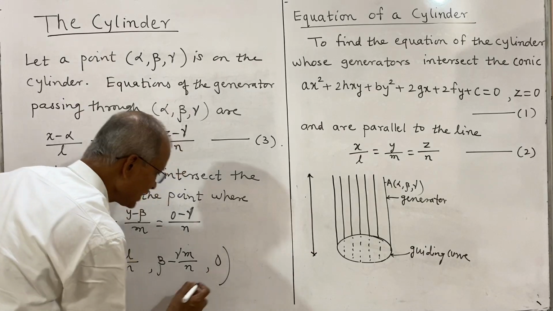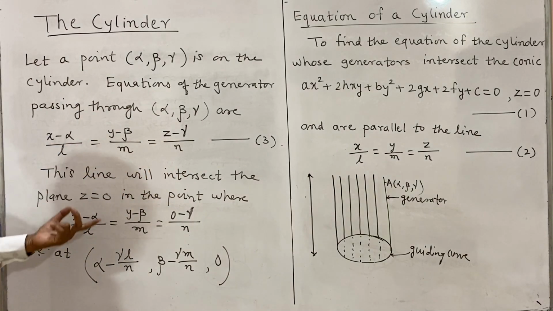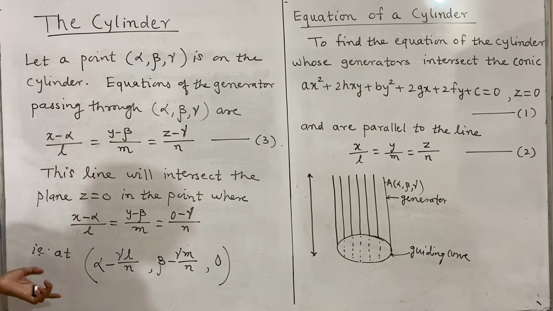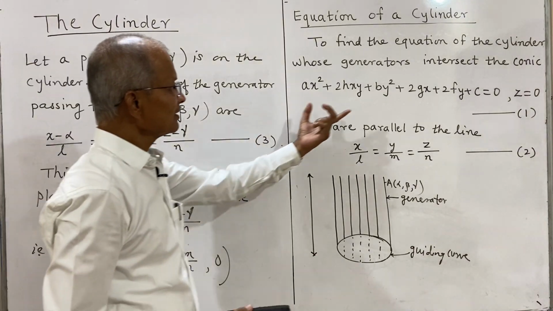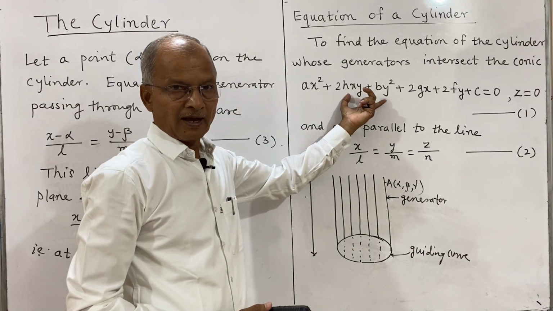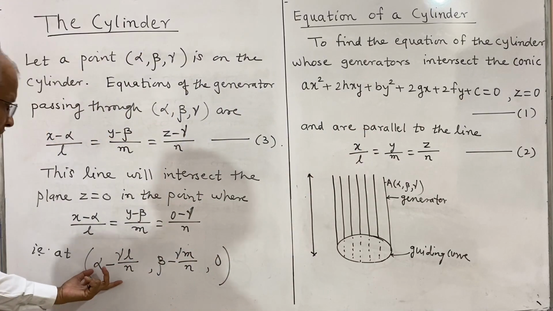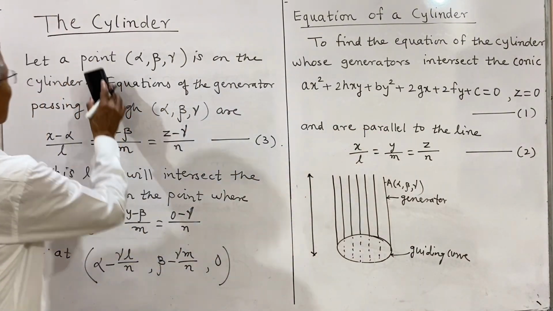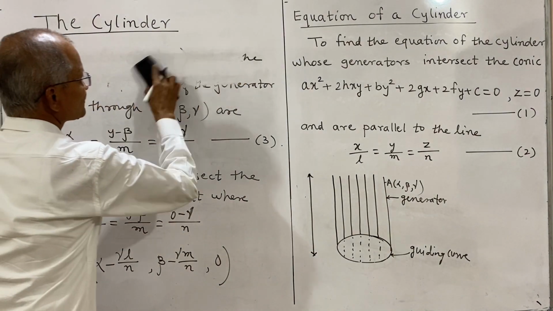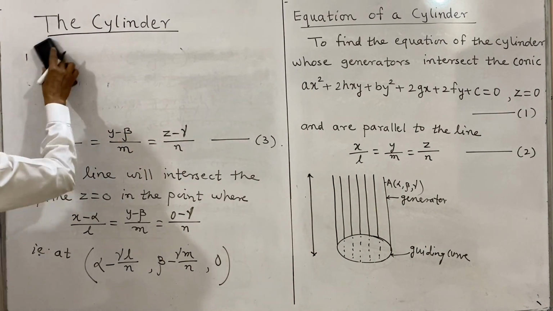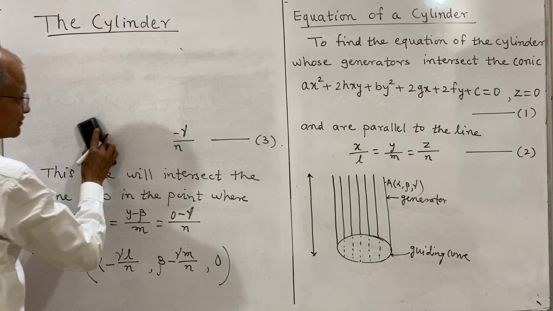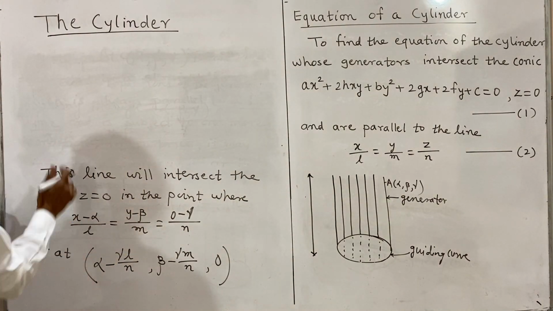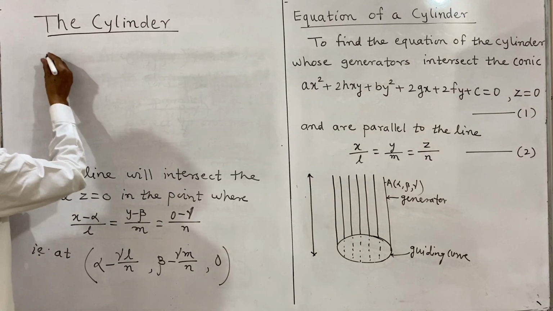So therefore this line intersects the plane z = 0 at this point. Also the line intersects this curve, and that means this point must satisfy the equation of this conic. So this point lies on conic 1.